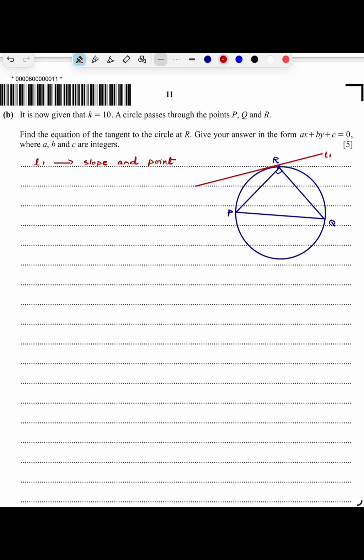Okay? And also we know एक और fact है, geometrical fact, कि जो भी center of the circle है ना, and any point on the circle, it has to form a 90 degree angle from the tangent line to that point.